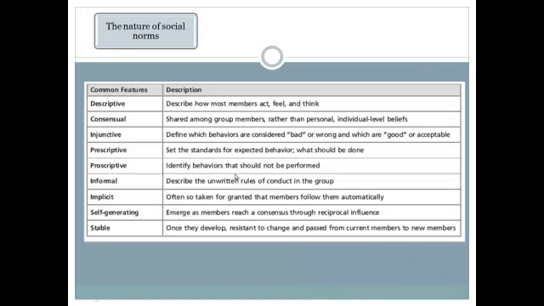So let's talk about some of the aspects of social norms. First of all, they're descriptive. They describe how most members act, feel, and think. So, for example, if you were to either observe or participate in a group and you were just looking around and seeing what everybody is doing, then you are essentially observing the descriptive norms.